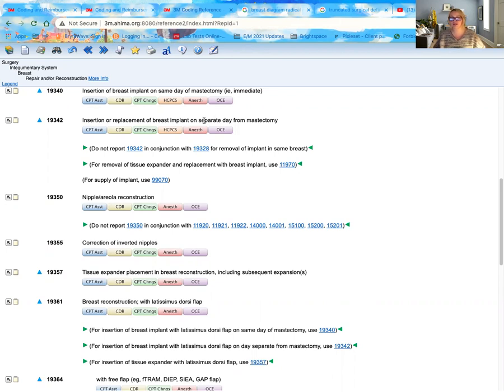When they talk about reconstruction, they didn't mention it in the note. And you know my golden rule, not just mine, but the golden rule of coding is that if it's not documented, it didn't happen. I can also see there's symbols here next to these codes for the revised code. So this means that this description has changed since previous years.